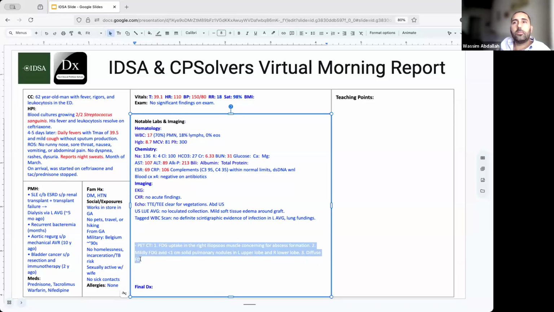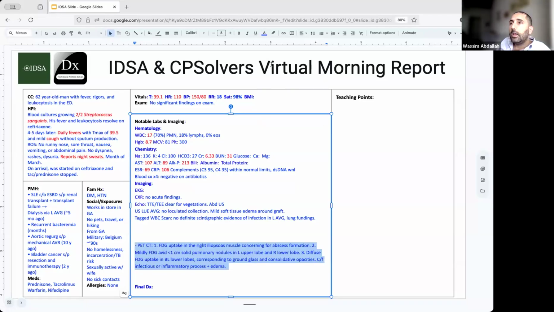It did show multiple FDG-avid sub-centimeter solid pulmonary nodules in the left upper lobe and the right lower lobe. And then it showed diffuse FDG uptake in the bilateral dependent lower lobes corresponding to the ground glass opacities and consolidative opacities. And those findings were new at that time compared to previous imaging.